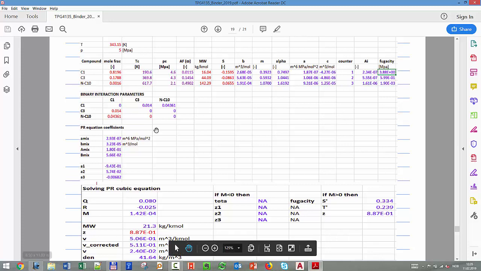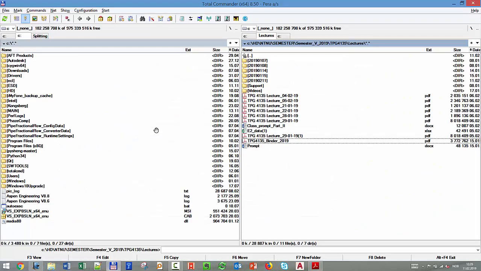If you remember on the equation, let's open that exercise.